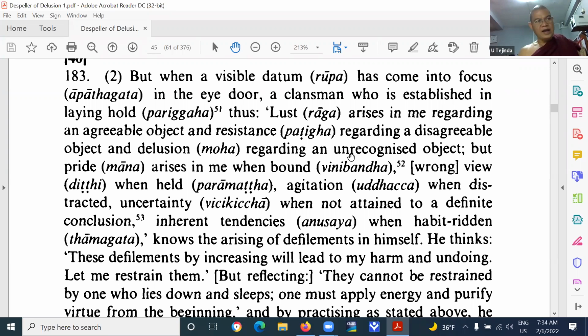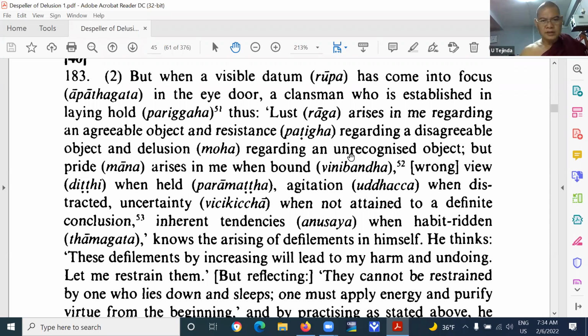I, holding the five aggregates aside, the mana arises. Paramatthasa ditthi. The wrong consideration of the five aggregates as I. Yes, ditthi arises. Vikkhepagatassa.